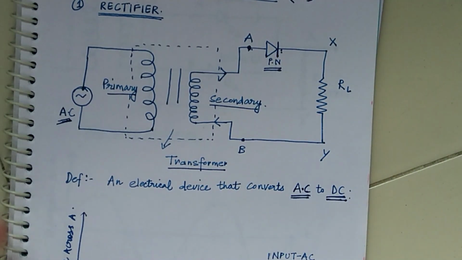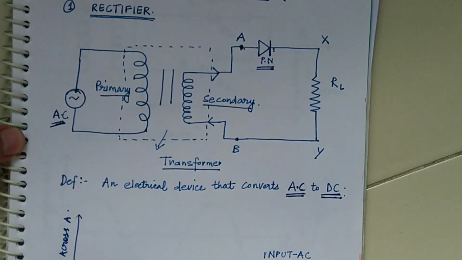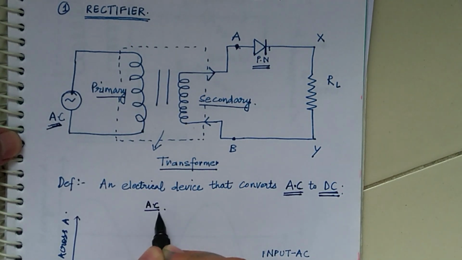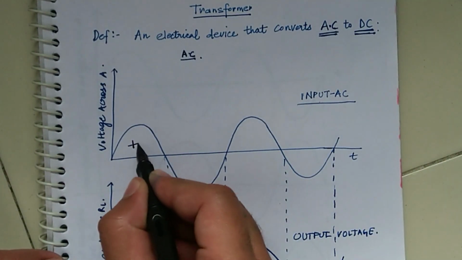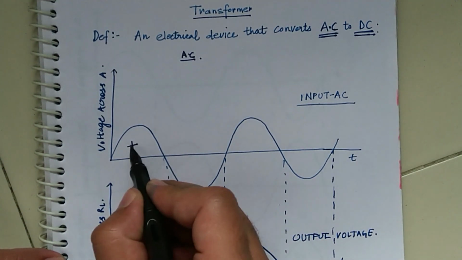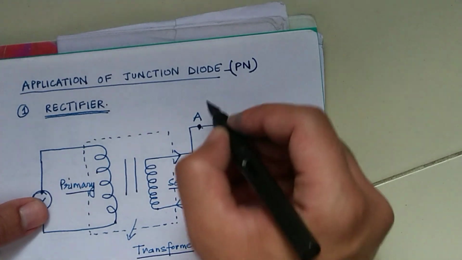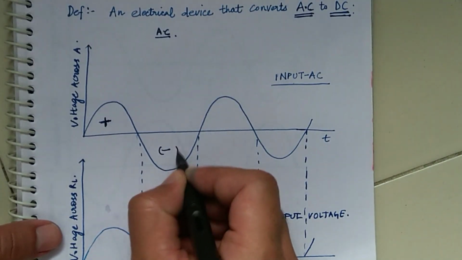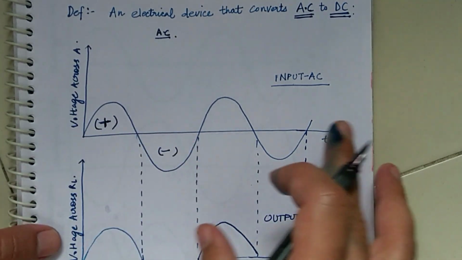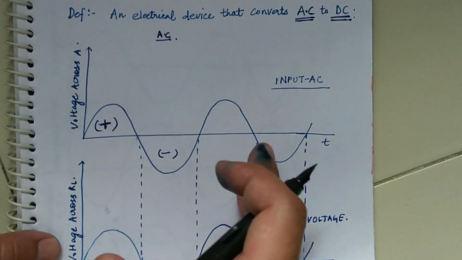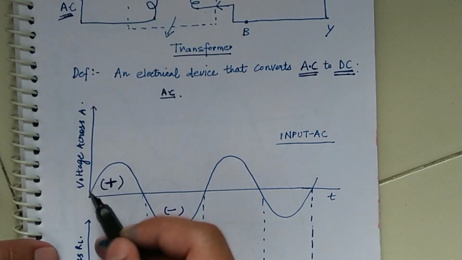Now we know that AC is alternating in nature, like it periodically reverses its direction. So in the first half cycle, this positive half cycle, we have positive voltage at A. Is that understood? And during the negative half cycle, because this is the property of AC, we can't do anything about it, AC has the property of reversing its direction after half a period.